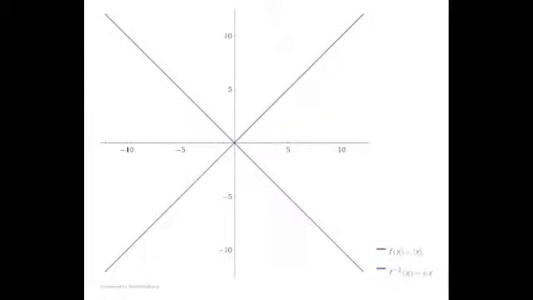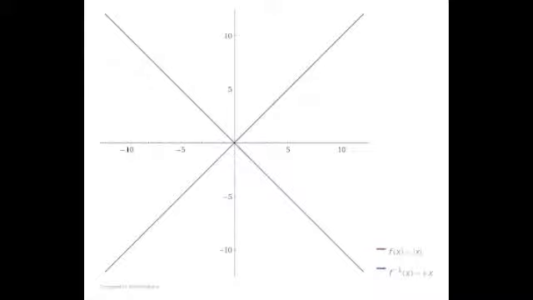Now for the inverse of an absolute value, it's actually going to be pretty interesting. f of x is the absolute value of x, but the inverse of this is actually positive or negative x. So it ends up looking like a V at first, and the inverse is actually more of an X, where you see both lines.